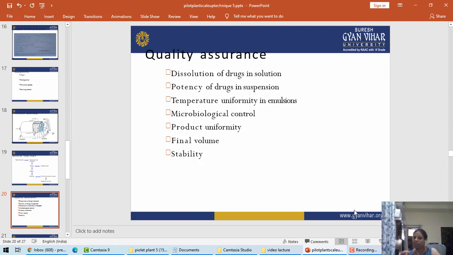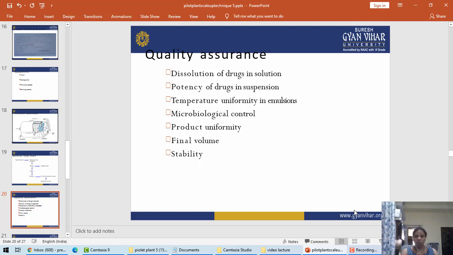And after that, last but not the least, stability. We have to check the stability by doing stability studies. In stability studies, we keep the formulation at specified temperature and humidity, as specified by the ICH guideline. There are different types of stability studies: accelerated, long term, and intermediate.